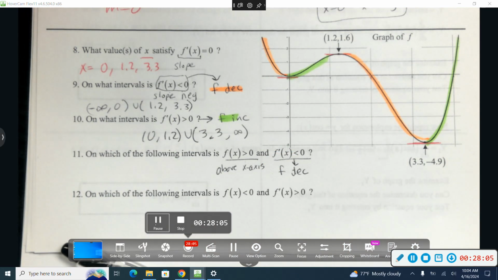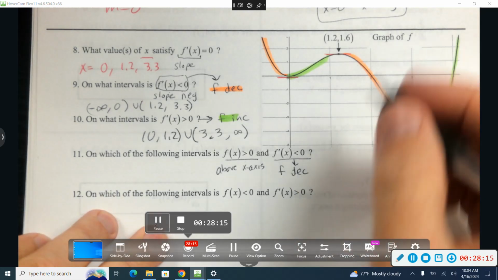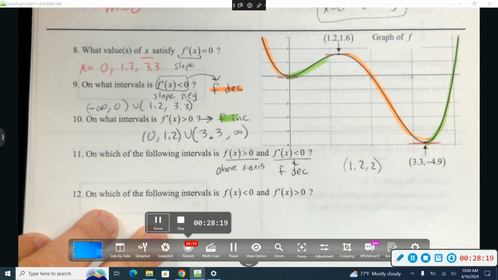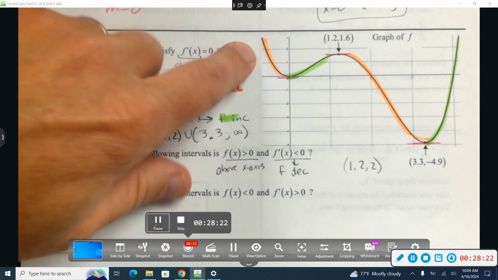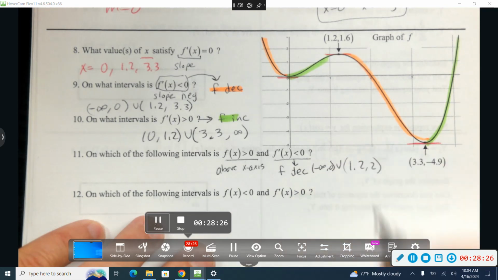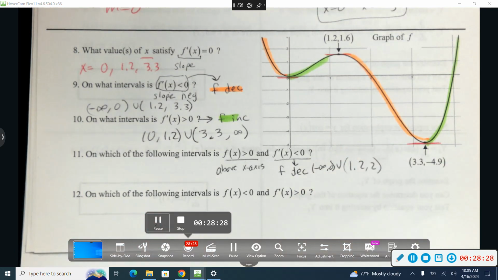So I want to be above the x-axis but going down. So where am I above the x-axis and going down? 1.2 to 2. Yes. But also over there, negative infinity to 0. So just trying to force you to think about two things at once.